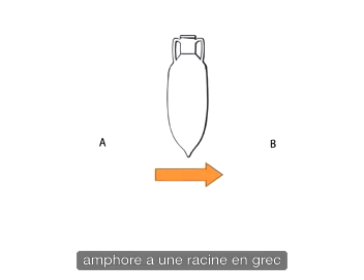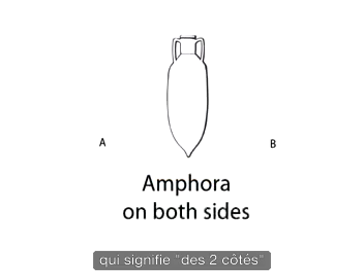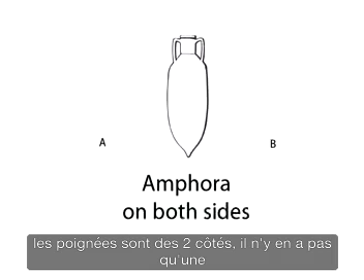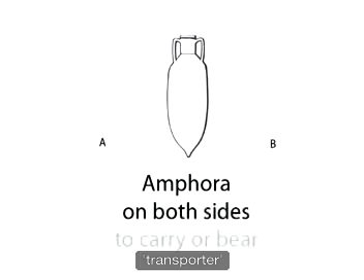Now, amphora has a root in Greek that comes from amphoresis, which means both sides. So you have a handle here on both sides, it's not just one. And it comes from pheron, which means to carry.